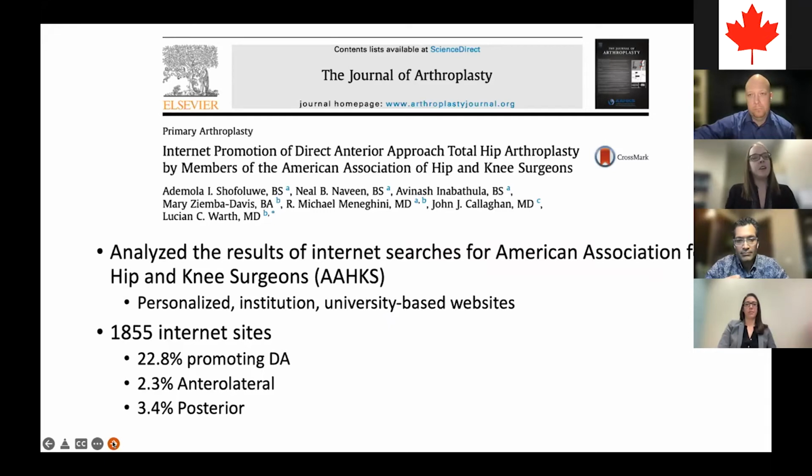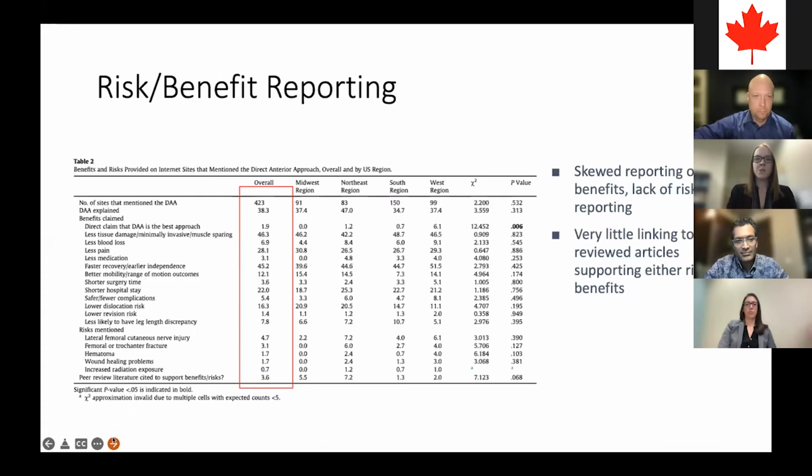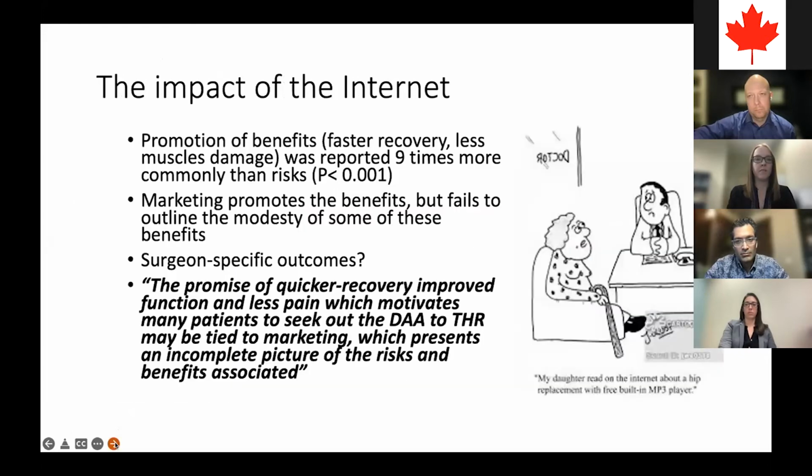So there's 1,855 internet sites, most of them promoting DA, or at least 22.8%, much less so for the other two approaches. A lot of numbers on this slide, but basically what it shows is that there's lots of skewed reporting for the benefits, and you see a lot of the proposed benefits and the things that were mentioned before: less tissue damage, potentially less pain, faster recovery, etc., with very little linking to peer-reviewed articles that either support the risks or the benefits.